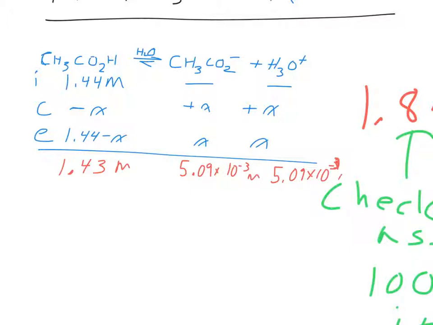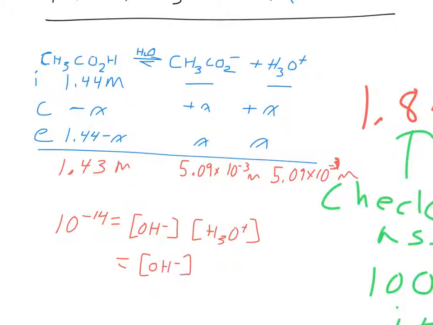So now I just have my hydroxide ion concentration. Remember, 10 to the negative 14th equals the concentration of hydroxide times hydronium. So my hydroxide ion concentration is equal to 10 to the negative 14th divided by my hydronium ion concentration.